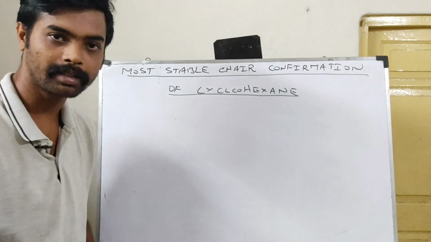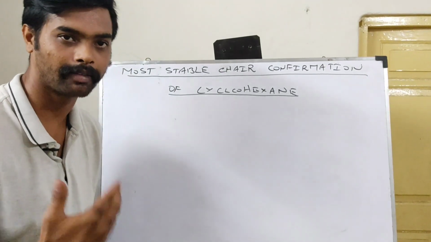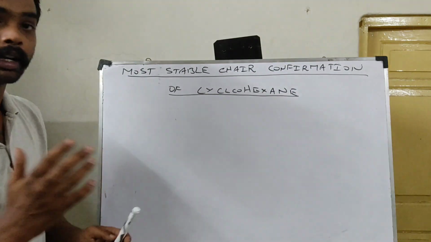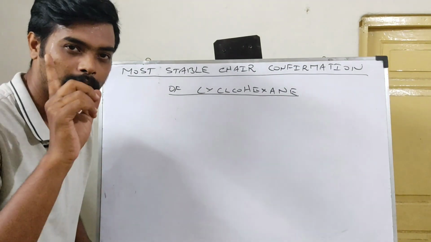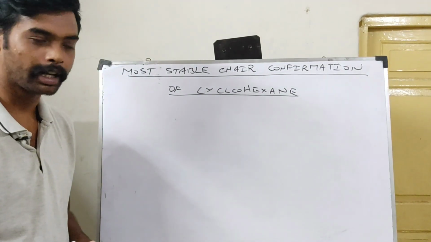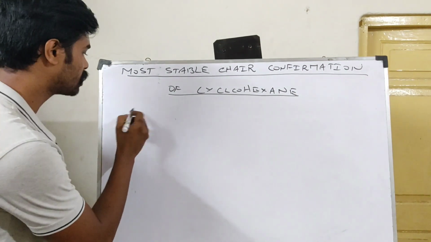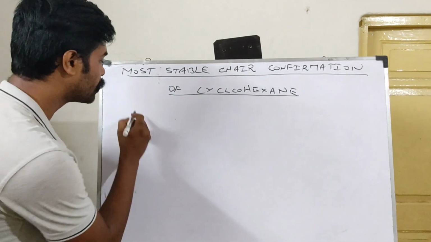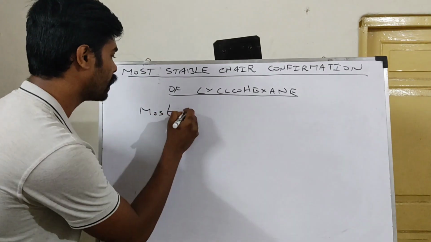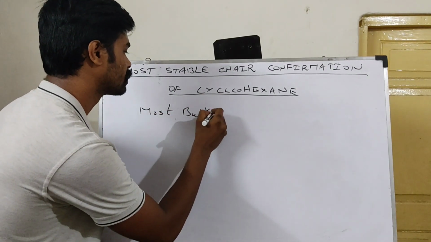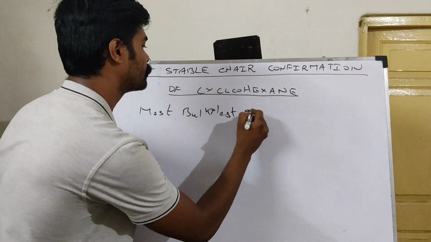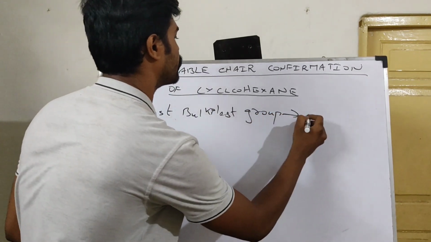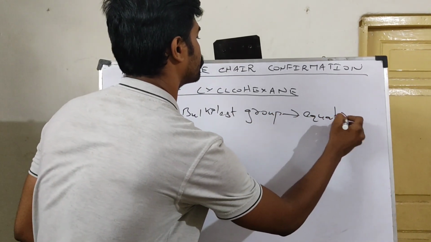So for this purpose, again we'll take some examples and we'll try to work it out. Before taking the example, there is only one rule which you have to remember. For me to have the most stable chair conformation, you need to put the bulkiest group in the equatorial position.